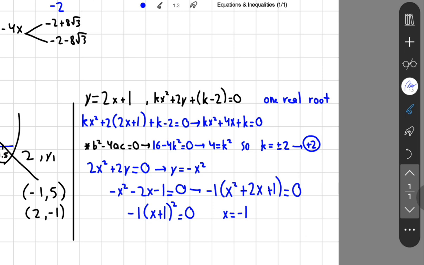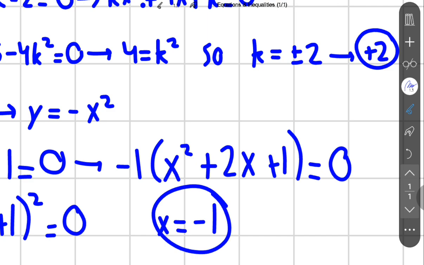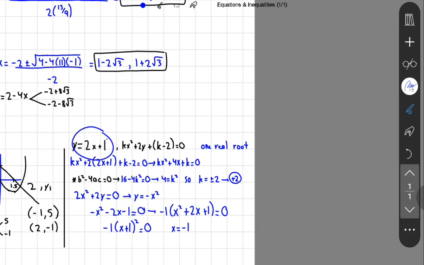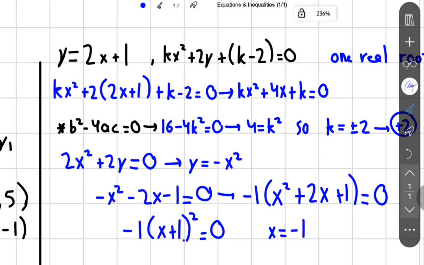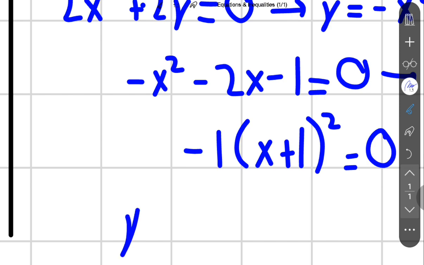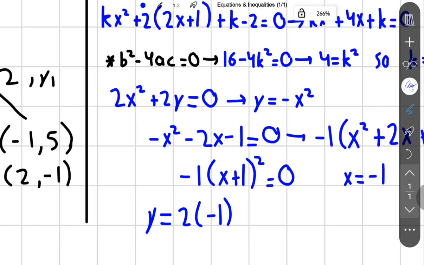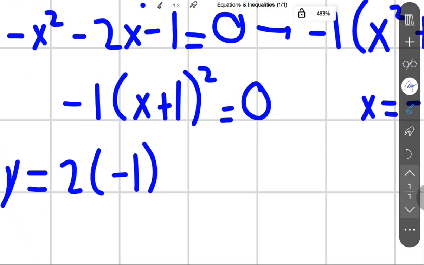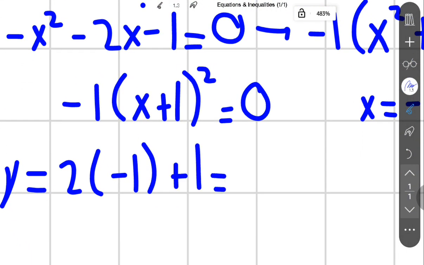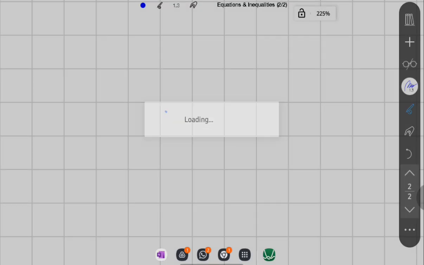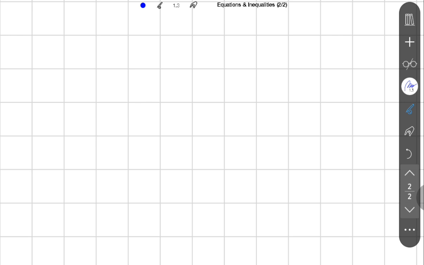Where was I? Now let's find the y coordinate by plugging this into this equation. So we have y equals negative 1, was it plus 1? Plus 1, yeah. Which is equal to negative 2 plus 1, negative 1.